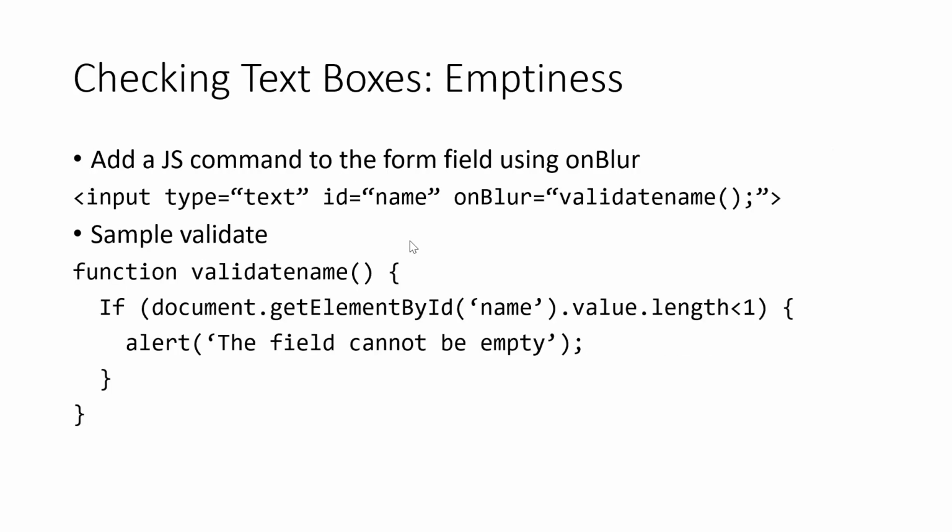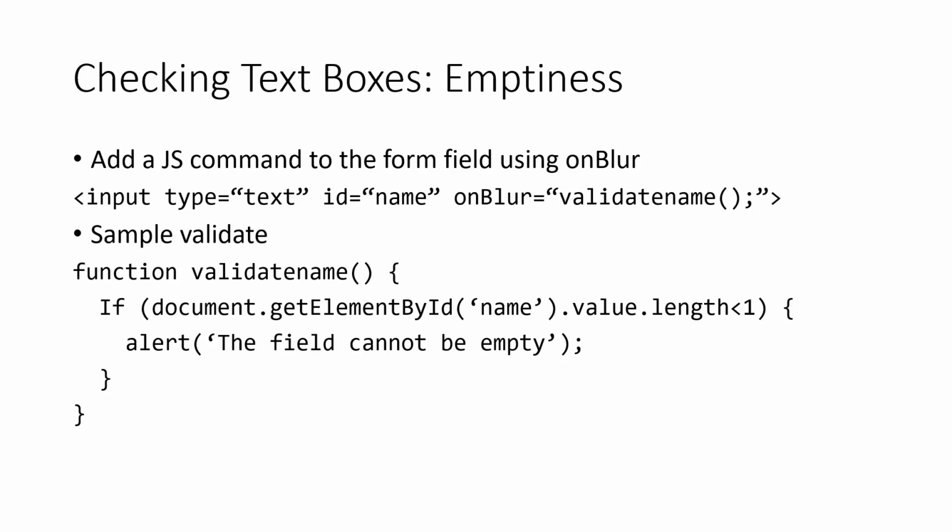Okay, so here is a JavaScript command for checking text boxes, especially whether the text box is empty. When you are creating a text box, we use input type text.